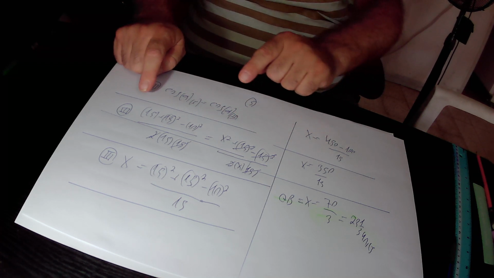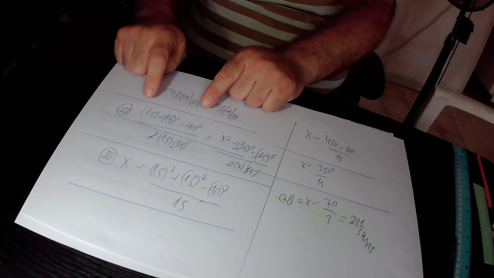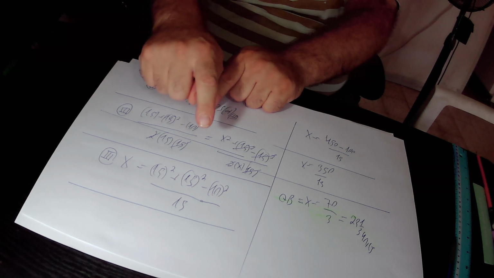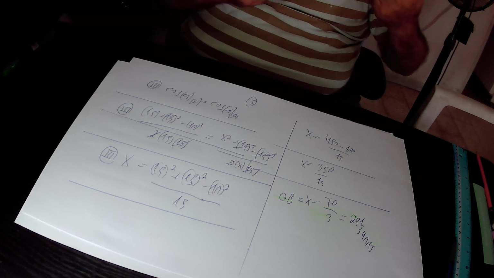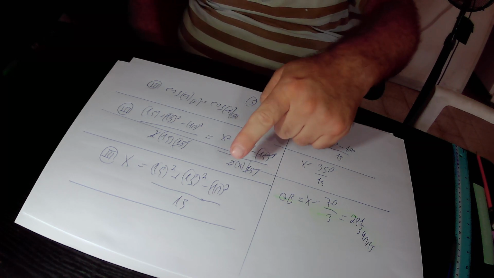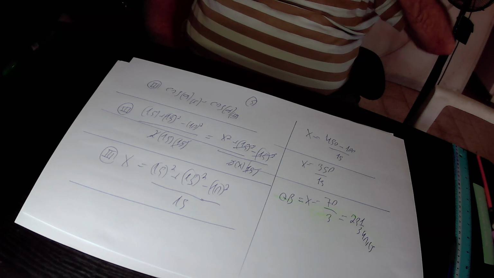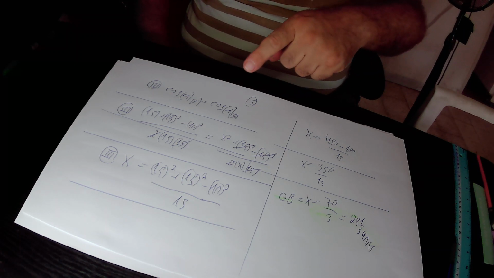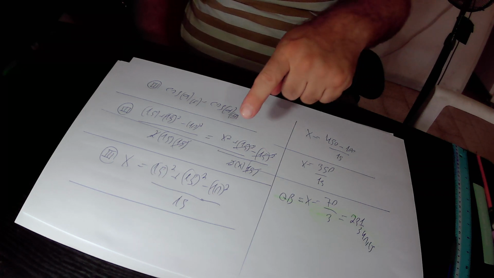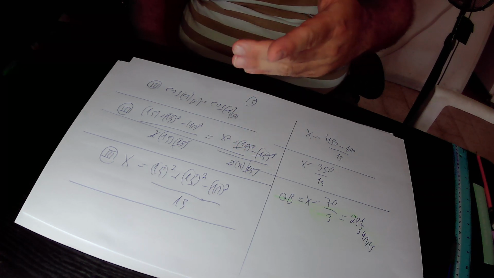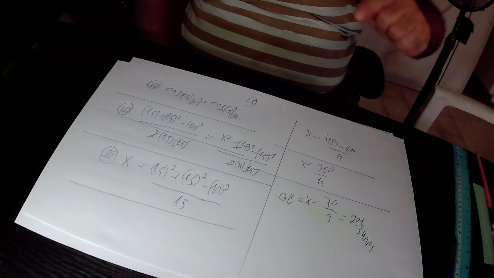On the other side of equation 3, we are left with 15 squared plus 15 squared minus 10 squared over 15. So according to equation 3, x equals 15 squared plus 15 squared minus 10 squared over 15. 15 squared is 225, so 225 plus 225 is 450, minus 10 squared, which is 100, over 15.